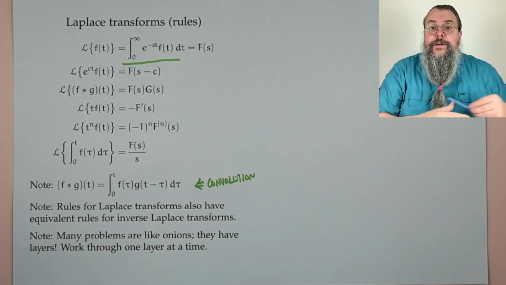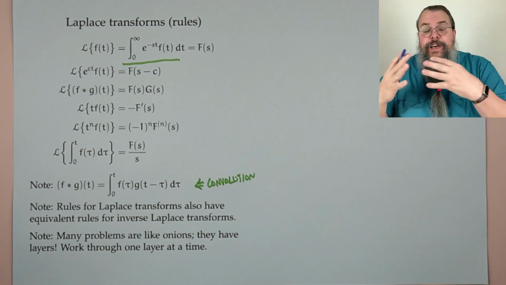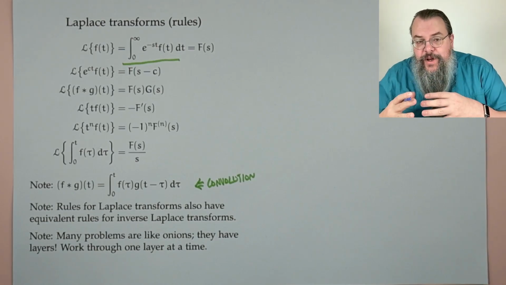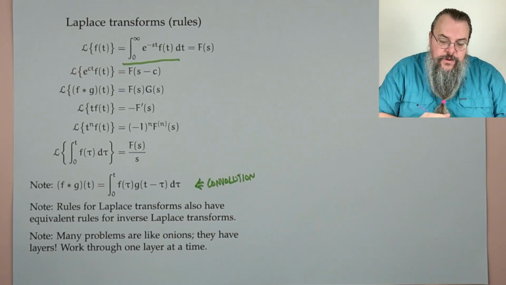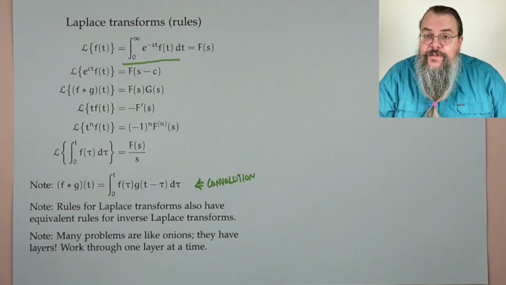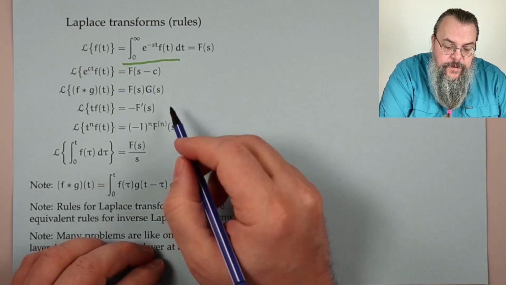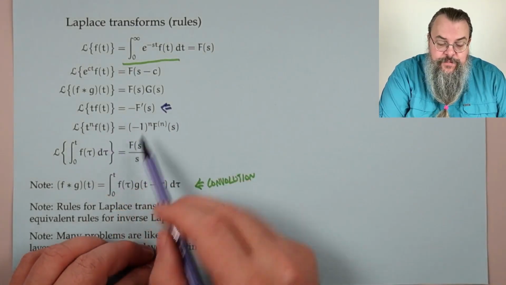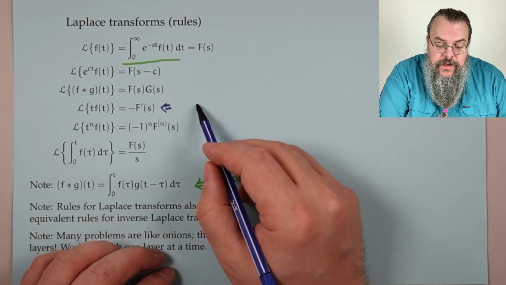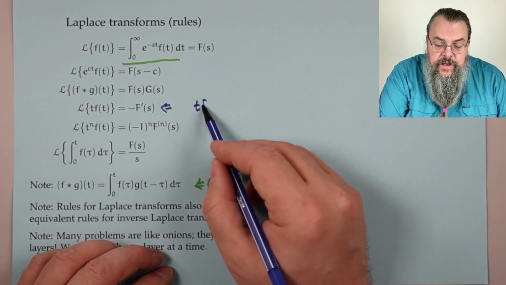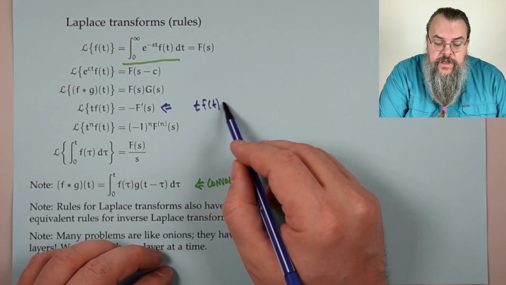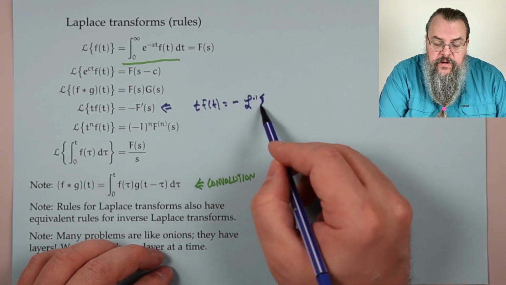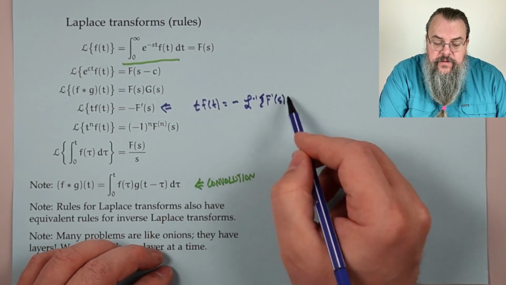We have, of course, this mindset that, as we've said, every rule for Laplace comes with a rule for inverse Laplace. And so, all right, what are some examples? Well, let's take this one. If you take the inverse Laplace of both sides, what do you get? Well, this becomes t f of t is equal to minus the inverse Laplace of f prime of s.